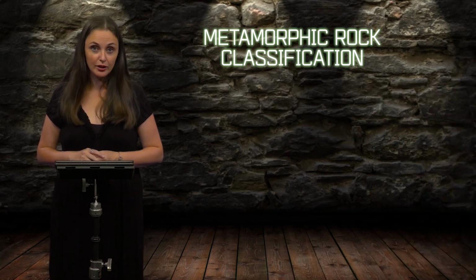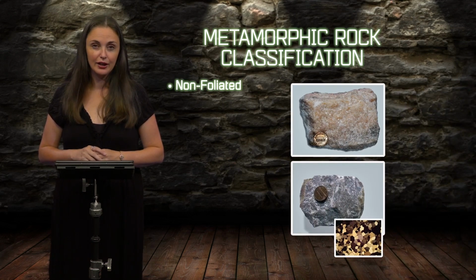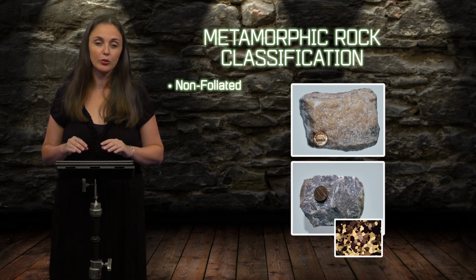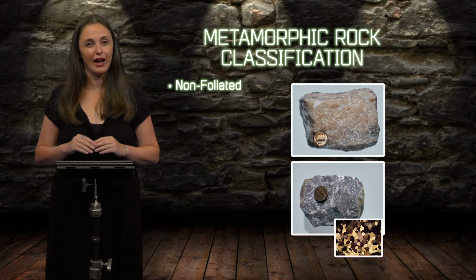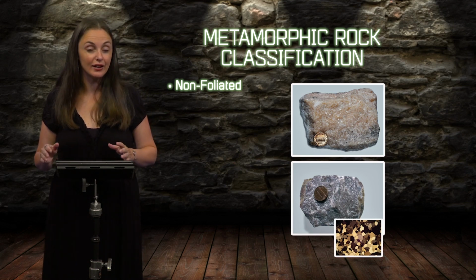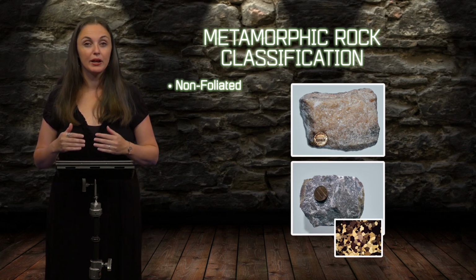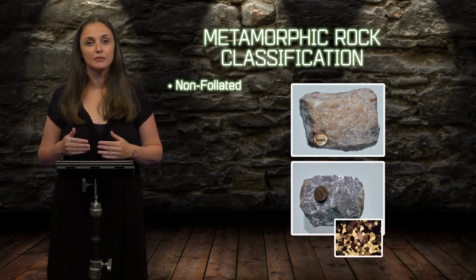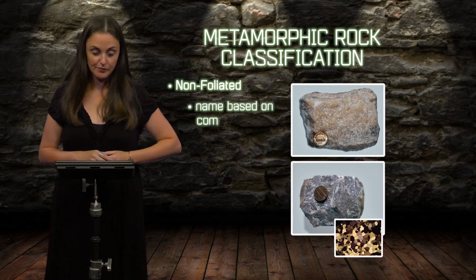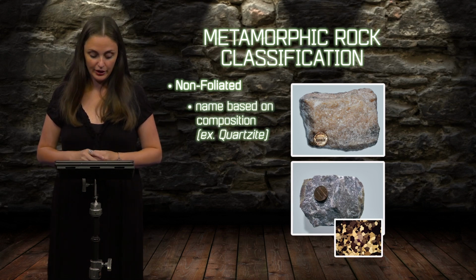So non-foliated metamorphic rocks, again, contain no alignment of the minerals in any one particular direction, either because the minerals aren't very flat and platy, so they don't tend to align in that direction at all, or because there was no tectonic stress that resulted in this rock's formation. So we'll talk about that distinction in just a minute here.